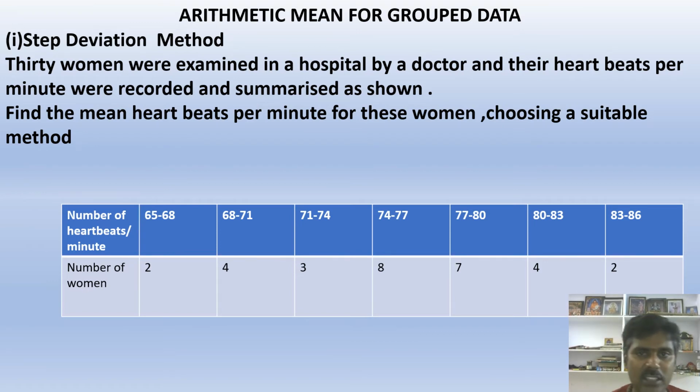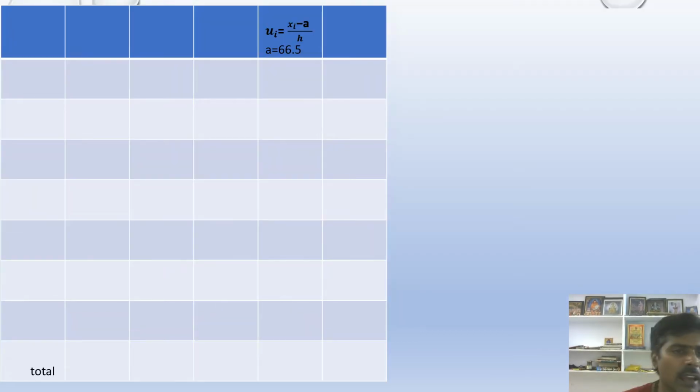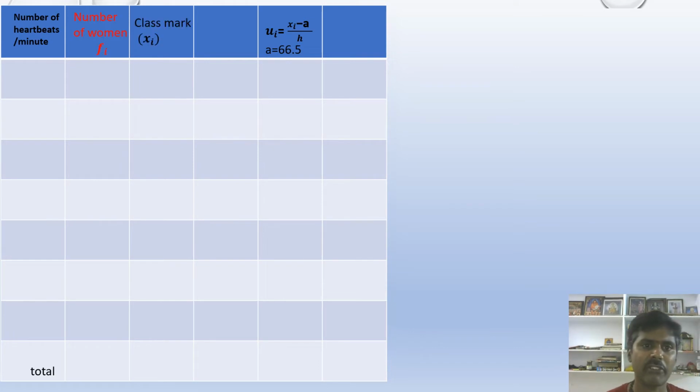Now I will apply this to the situation. We'll see what happens here. The number of heartbeats per minute is the class, the number of women is fi, the class mark is xi, the deviation di is equal to xi minus a, and the step deviation ui is equal to xi minus a by h. After finding this, we have to find fi into ui. These are the columns we have to enter.